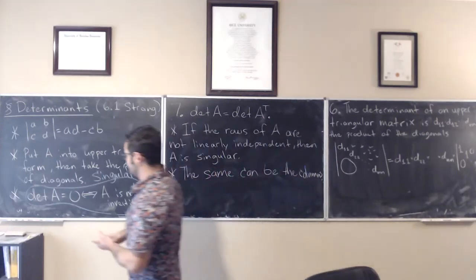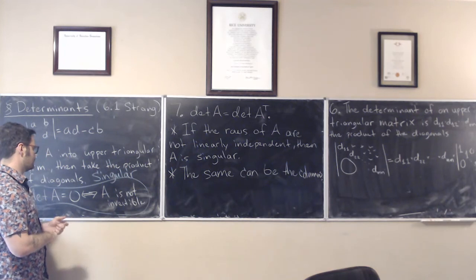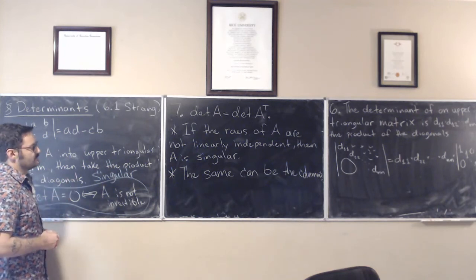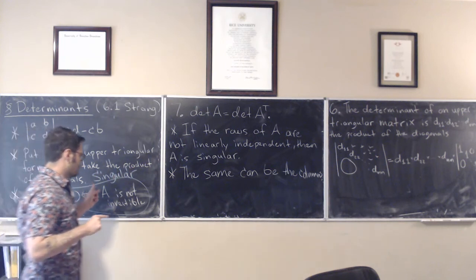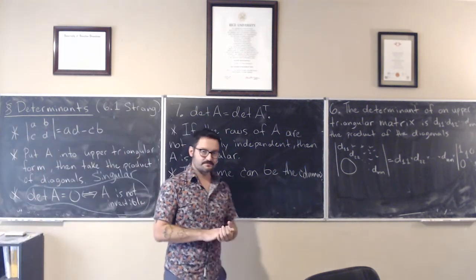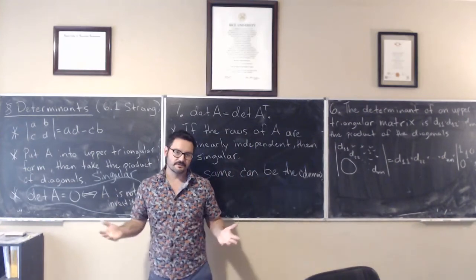So determinants are important because of two takeaways. One, they're a test for invertibility. If the determinant is 0, then we can't invert it.